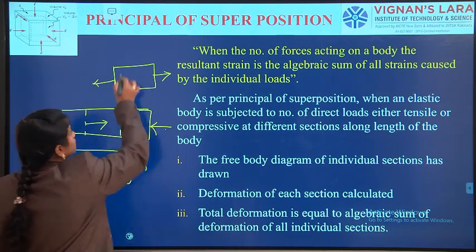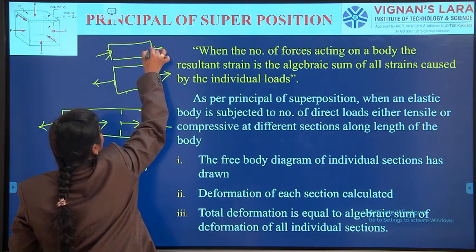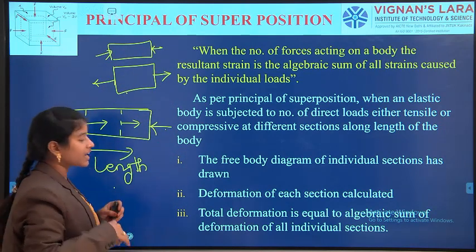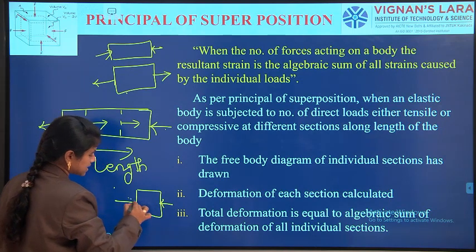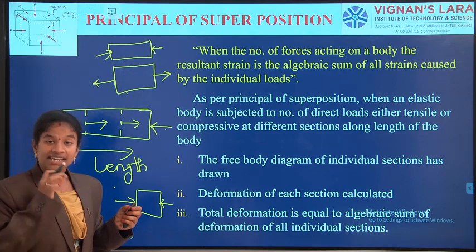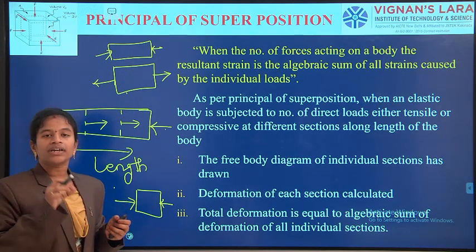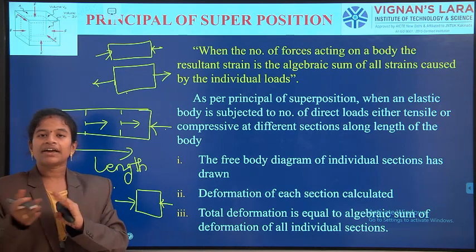Then for the next part, maybe some compressive or tensile load, that is the free body diagram of that part. And at the last, it has some other forces. In this way, we need to generate the free body diagram, separating it from the nearby connections.